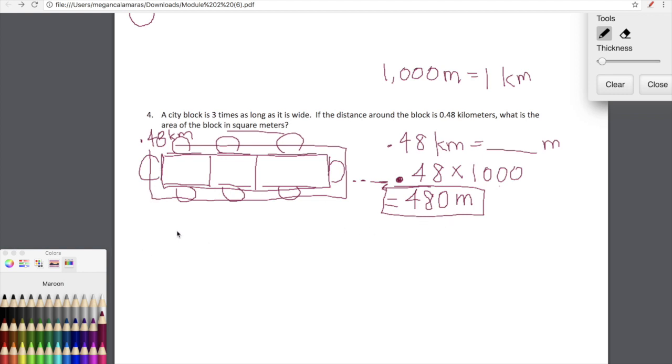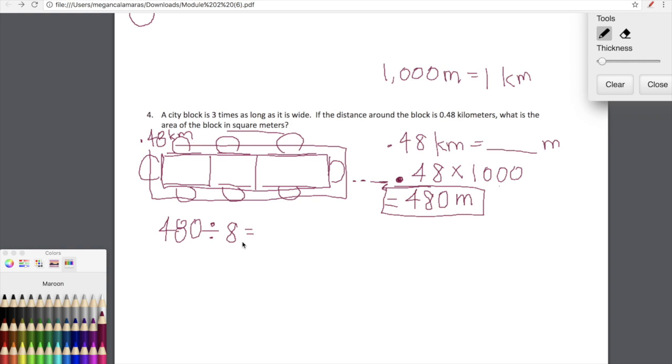So if we want to find the distance of each unit, we're going to divide 480 by 8, because again, we have 1, 2, 3, 4, 5, 6, 7, 8 separate sides of this city block.